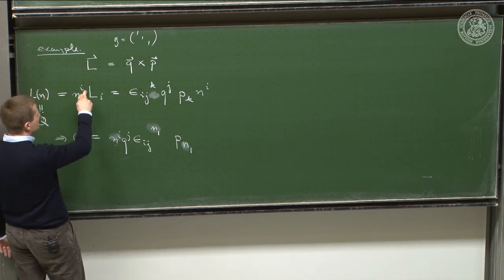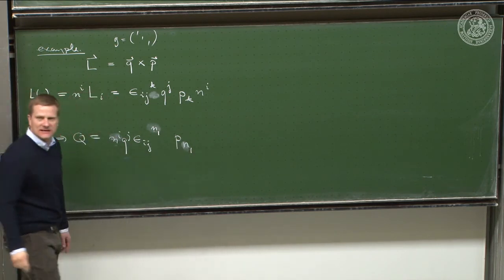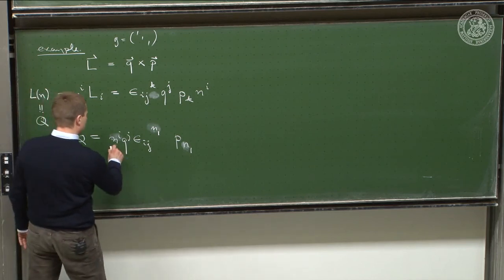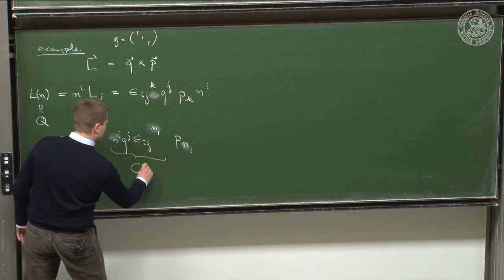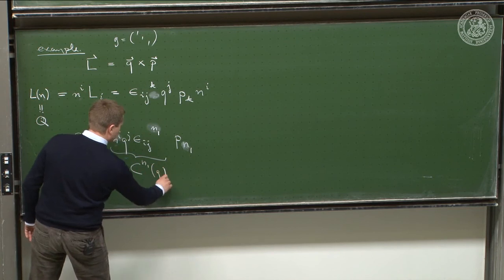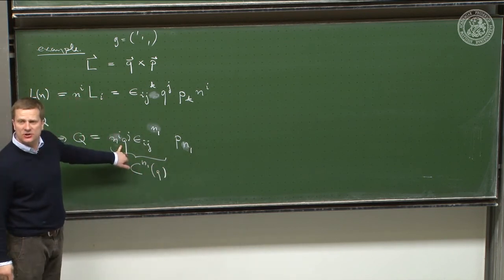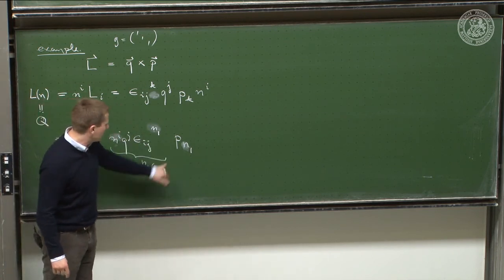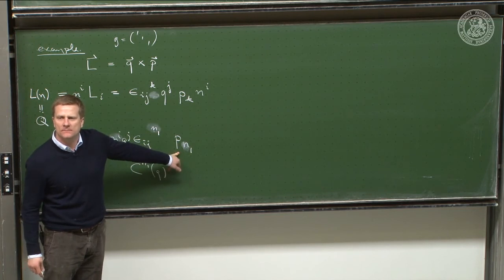This n is a vector, these are the components, and this is an index n. But you'll cope with this. And this is the coefficient c^(n1) of Q. You see, this coefficient depends on q and is the coefficient of this first-order p.